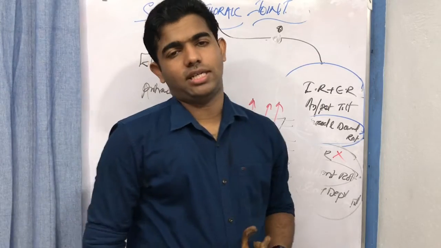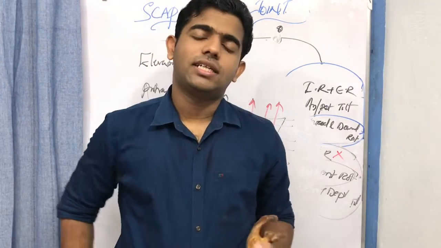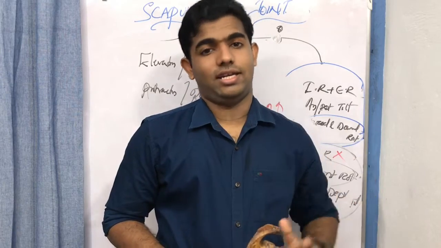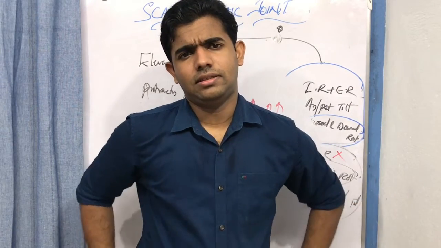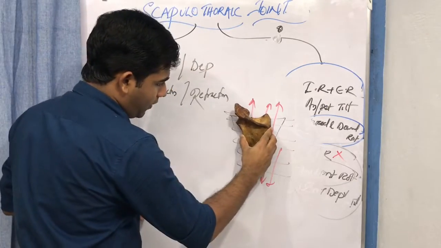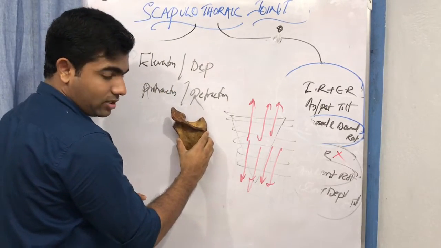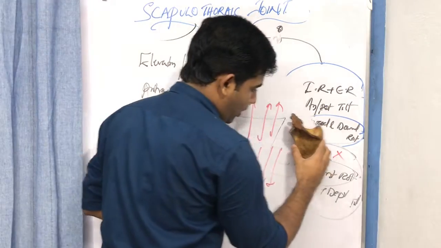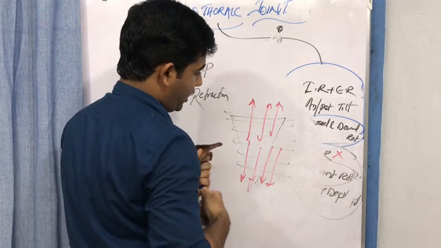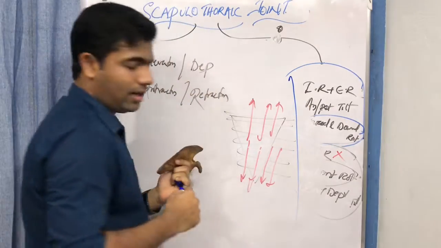What do you mean by protraction and retraction? This is sometimes referred to as scapular abduction and adduction. The scapula, when it is sitting like this, can move laterally or medially. On one side we have the vertebral column, the midline.